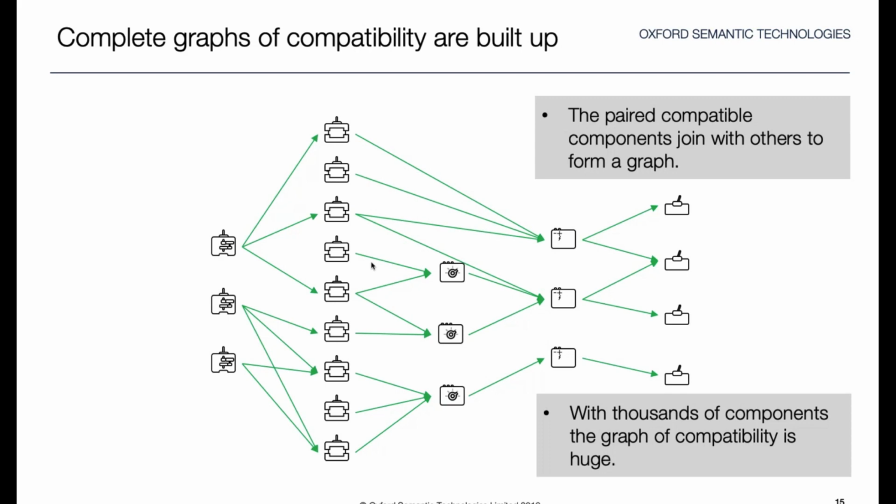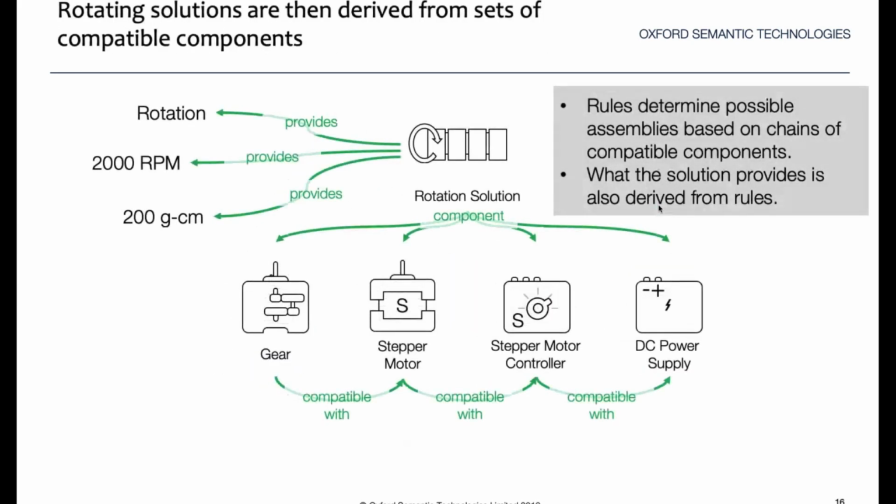To reiterate, if you follow one of these green arrows, those individual lines or sequences each represent one possible configuration of the system where all the components of that chain form a compatible solution. Again, if we took one of those lines, we now have the endpoint we're kind of looking for. We have a possible compatible set of components, which together compose themselves into an overall rotating solution.